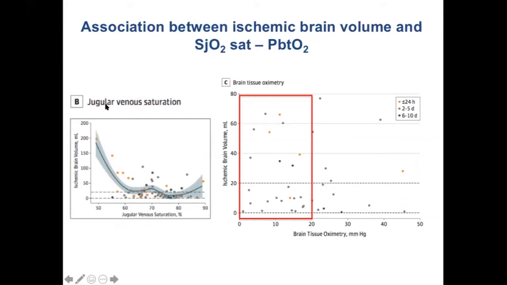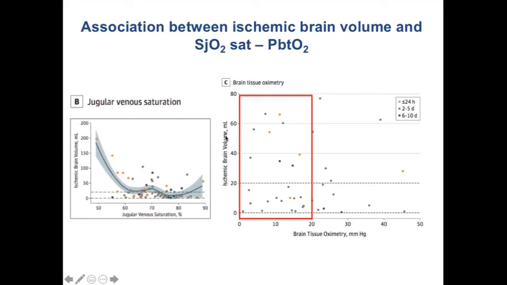In this part here, we see the association between the ischemic brain volume calculated on a PET scan and SjO2 saturation. And we see that in order to have a pathological SjO2, we require more than 10% of the patient's brain to be ischemic. So it's not a sensitive monitoring system.